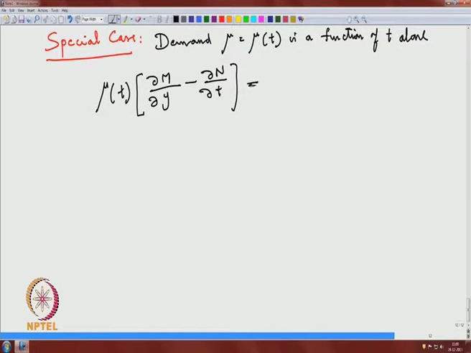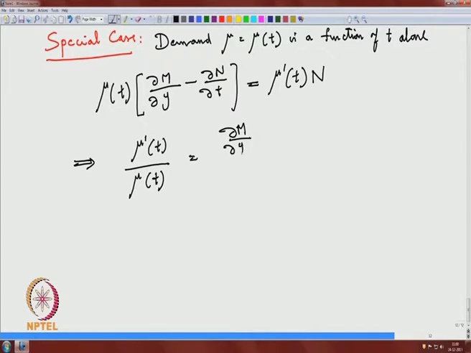Now we can write mu prime, because mu is a function of t alone, times N. So that implies mu prime(t) by mu(t) is equal to (dM/dy minus dN/dt) into 1 over N. You see. Okay.